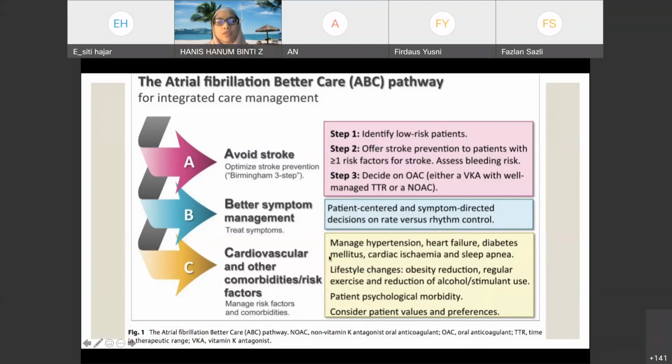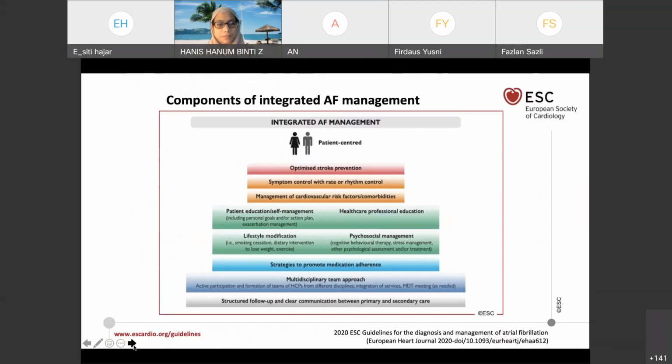Of course, we have to encourage lifestyle changes, like if the patient is obese or overweight, we need to address that. Regular exercise and reduce alcohol, psychosocial, psychological morbidity, and consider patient values and preferences. So in the ESC guideline, they have highlighted that in managing patients, you have to put the patient in the center. We have this thing called patient-centered care.